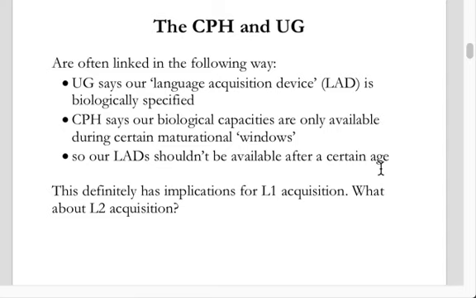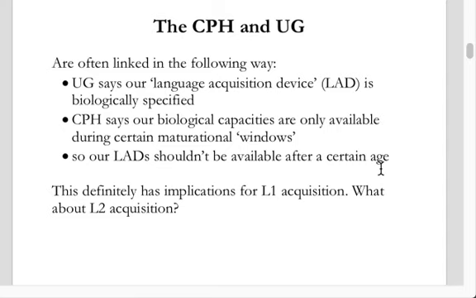Because again, this hypothesis doesn't straightforwardly say anything about second language acquisition, especially if we're grounding the idea in universal grammar. Universal grammar, the idea that there are innate biases brought to bear on first language acquisition, has absolutely nothing to say about second language acquisition.